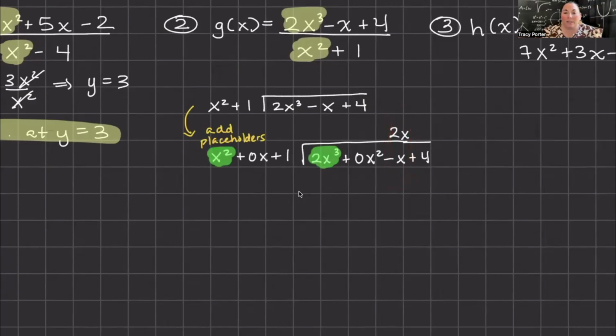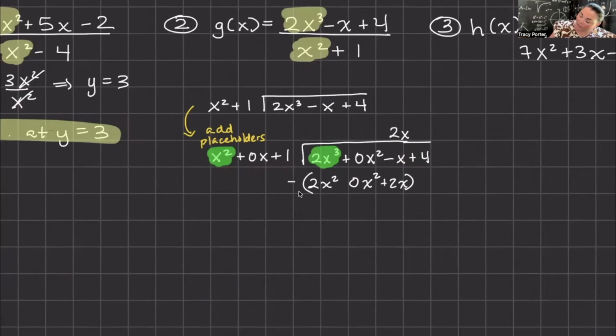So I always write it on the end, but 2x is going to go on top, and then we multiply that times each of these terms. So that's going to give us a 2x cubed. 2x times 0x, we'll just call that 0x squared. Keep your x squared terms lined up, and then 2x times 1 is going to be plus 2x.